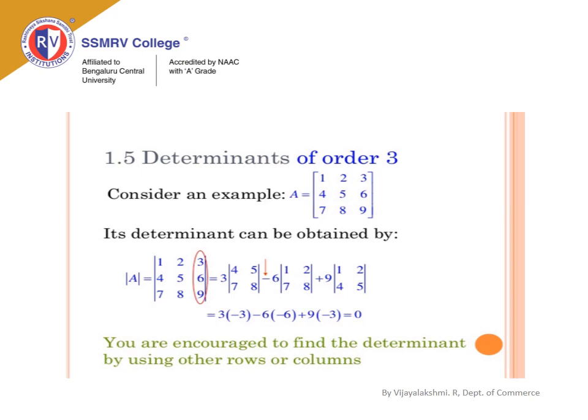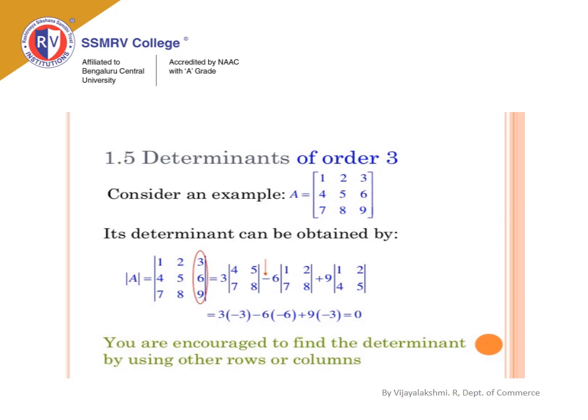3 into 4, 5, 7, 8, minus 6 into, we are supposed to remember here that the items of the same row and same column should be ignored. Apart from that, we have 1, 2, 7, 8. Minus 6 will be multiplied with 1, 2, 7, 8, plus 9 into the other elements.